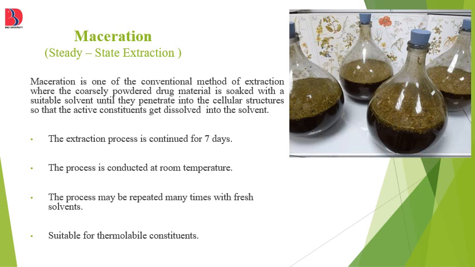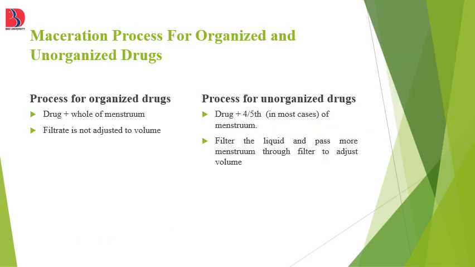This method is suitable for thermolabile constituents as we are not applying any heat here. If we are doing this maceration process with organized or unorganized drugs, there is a little variation in the process. For example, if we are taking any organized part, let it be a bark or a root or a shoot, then we have to put the whole of the menstruum into the drug at once.